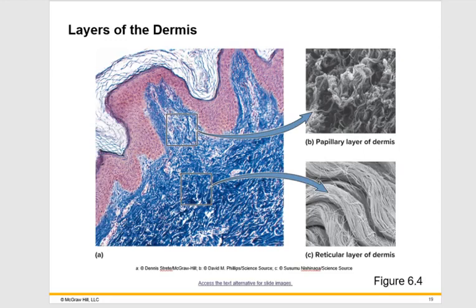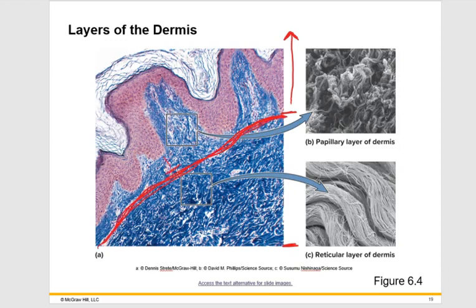So if we flip to an image, starting where you see the pink there outward, that is epidermis. The blue is the dermis. If you really look at this, you can see around here, this boundary starts to get a little denser as you get deeper.